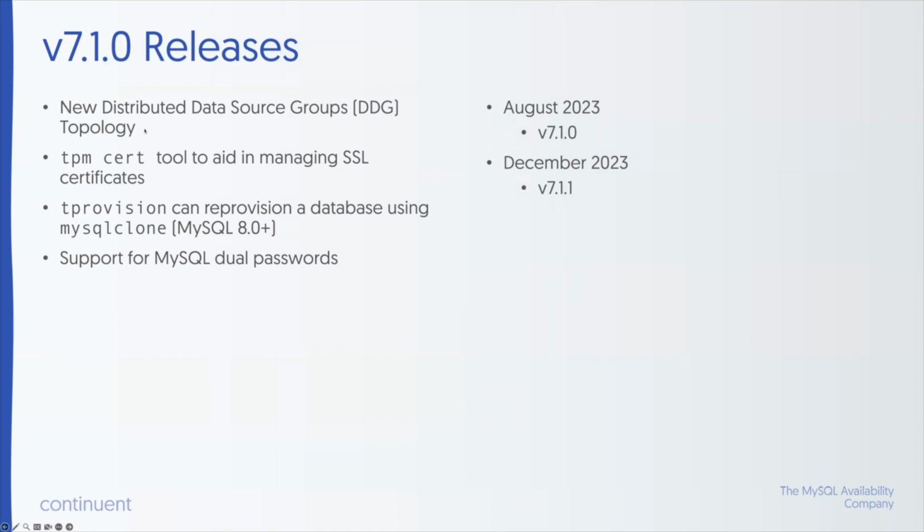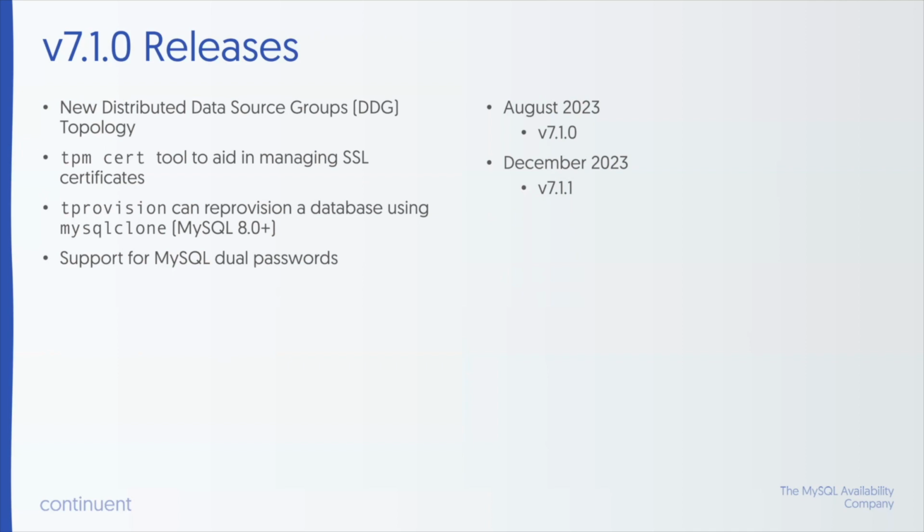So here we have the introduction of the distributed data source groups I mentioned on the previous slide. We have a few more TPM tools for certificate management that helps the conversion and the introduction of the new security features that came into version 7. The tprovision can now support MySQL clone if you're using MySQL 8 onwards.